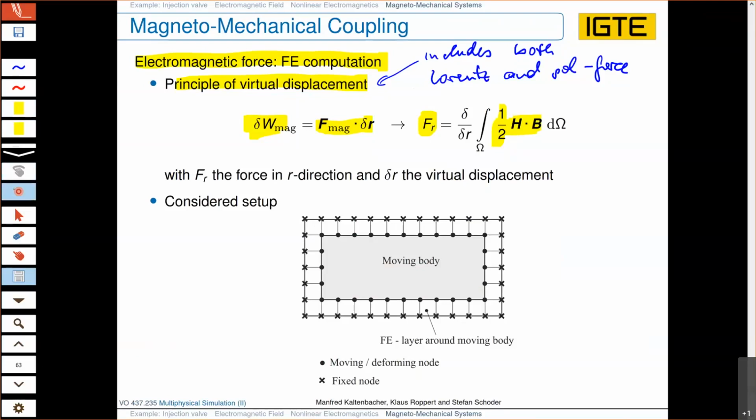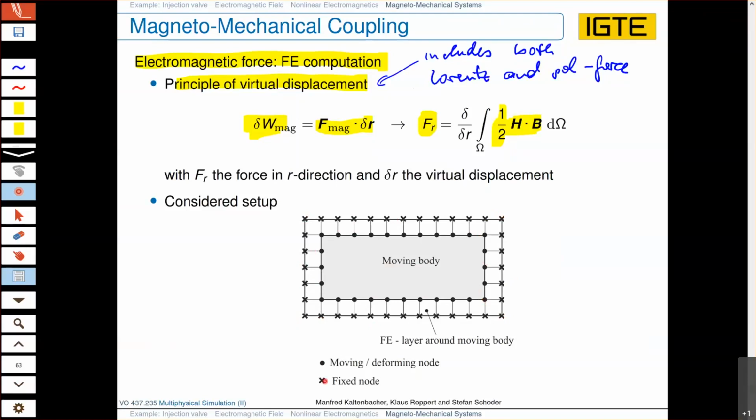So from the point of view of finite elements, what we have to do when we have such a body is look at the surrounding finite elements of this body, let the nodes on the surface of the body move, and fix the nodes on this outer first layer of finite elements.